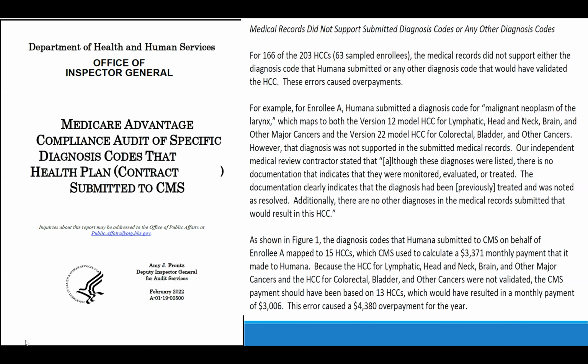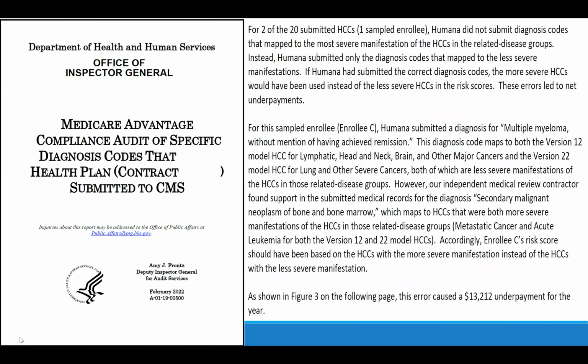So we looked at an overpayment, but now out of fairness, the reason that these health plans get more for an HCC is that, statistically and in reality, these beneficiaries are more costly to cover for a condition that maps to an HCC. So let's look at this.